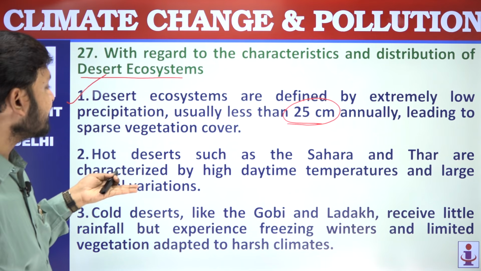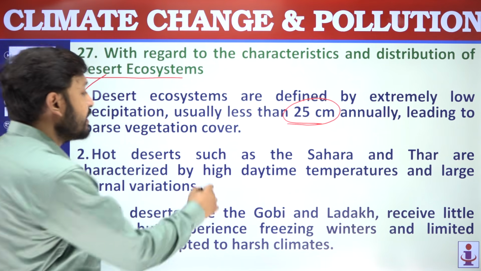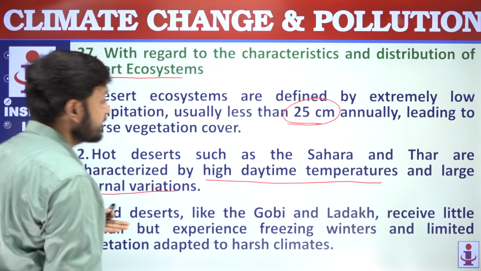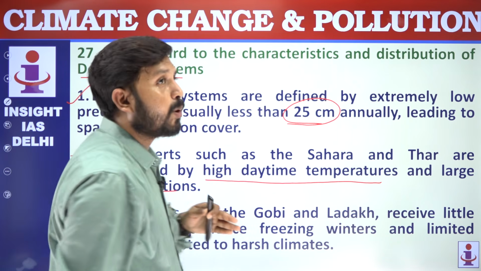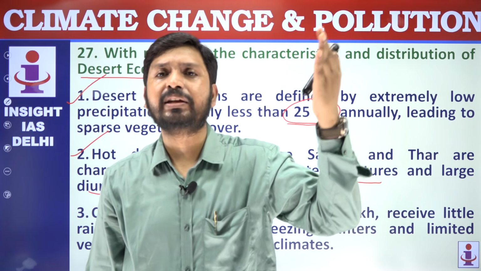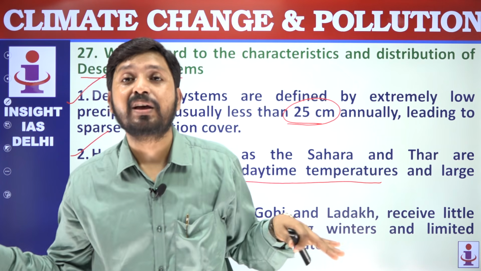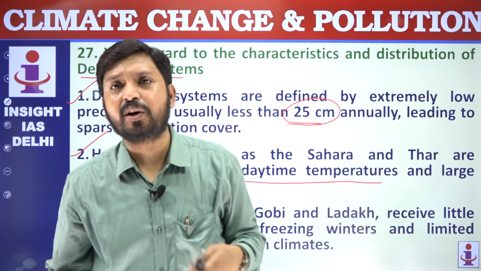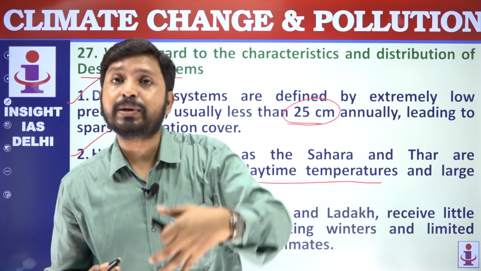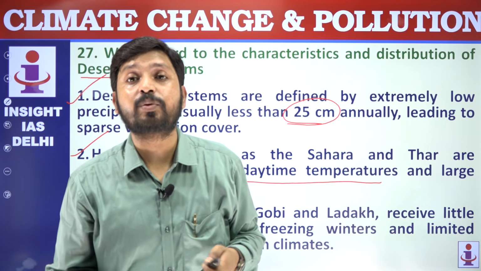Next one. Hot deserts such as the Sahara and Thar are characterized by high day temperatures and large diurnal variation. Yes, this is the right statement, because in the daytime the temperatures in these deserts are very high, 45 degrees plus. But at night, as there is very sparse vegetation and no construction activities, whatever heat was absorbed during the daytime is released entirely at night, so the surface becomes very cold.